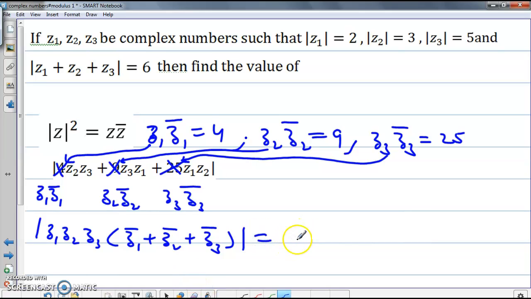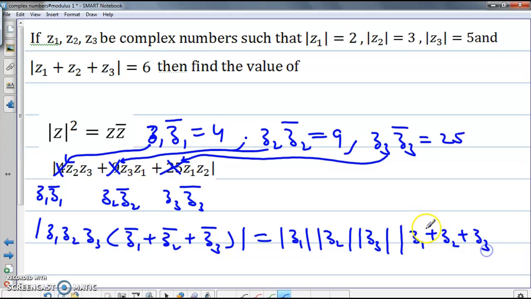Now separating these modulus, mod of z1, mod of z2, mod of z3 times mod of z1 conjugate plus z2 conjugate plus z3 conjugate, which is equal to conjugate of z1 plus z2 plus z3.